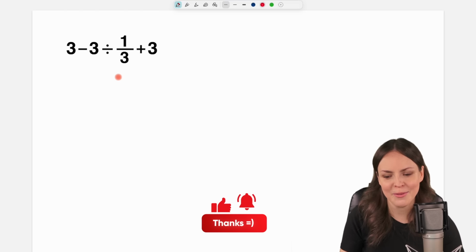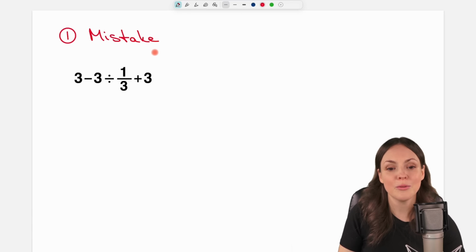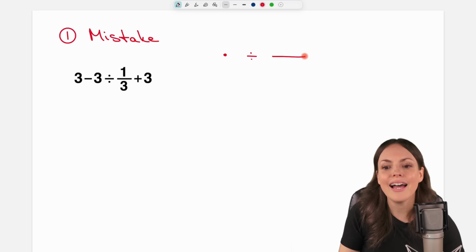that people made. Mistake number one, they didn't follow the order of operations. We have a minus symbol here, a division symbol, and a plus symbol. And the order of operations tells us that the multiplication and the division comes first, and after that we have the addition and the subtraction.